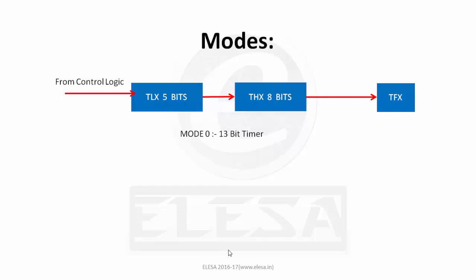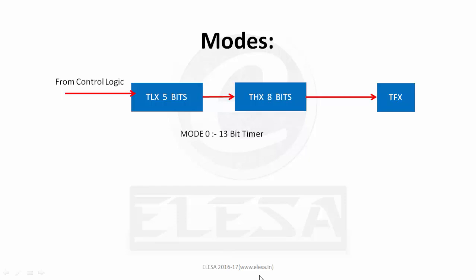But what they have done is they have used the higher 8 bits, and of the TLX, that is the lower register, only 5 bits. This is how they have made a 13-bit timer. Whenever an overflow condition takes place, a reset signal is given to this timer to make them 000, and the TF flag, that is the timer overflow flag, is set to 1.